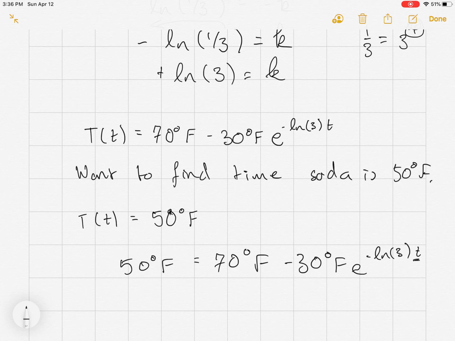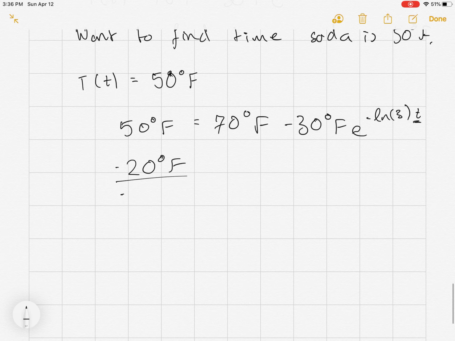So then we just want to find our t value, right? So we'll start by subtracting that 70 from both sides, and then we'll divide both sides by that negative 30, sort of like we were doing before, right? And that's just going to be equal to e to the power of the negative natural log of 3t. All right.